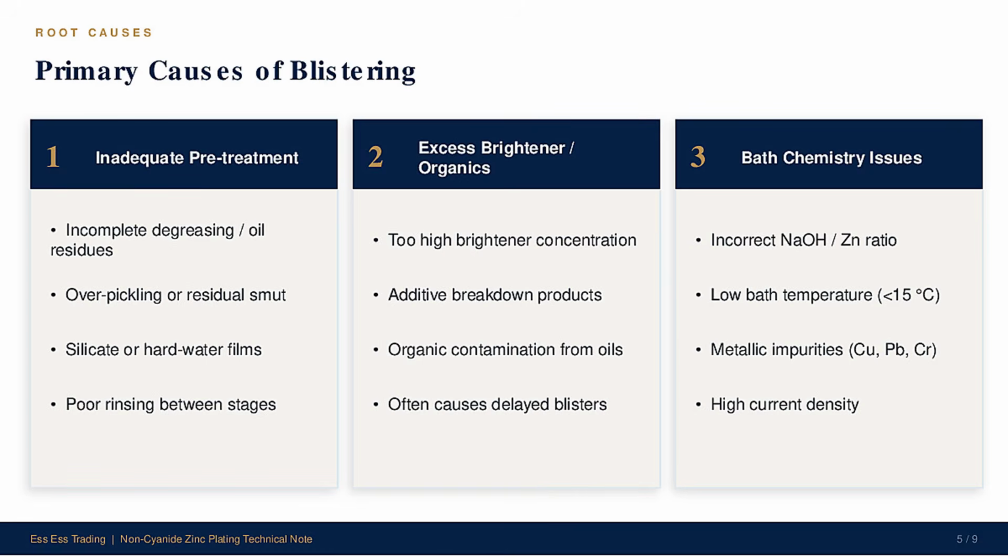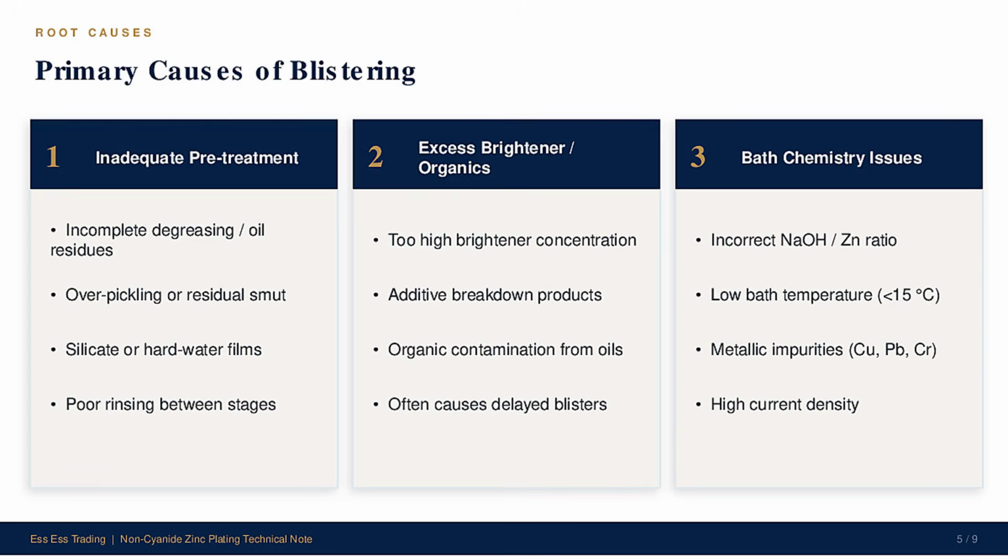Let's break down the primary causes of blistering. First, inadequate pretreatment. Things like incomplete degreasing, overpickling, or poor rinsing can leave residues that compromise adhesion. Second, excess brightener or organics. Too high concentrations or breakdown products can lead to internal stress and delayed blisters.